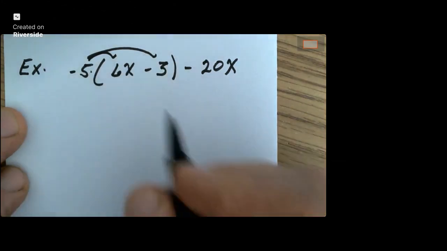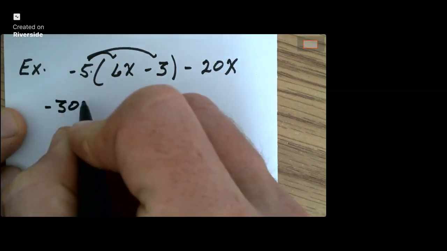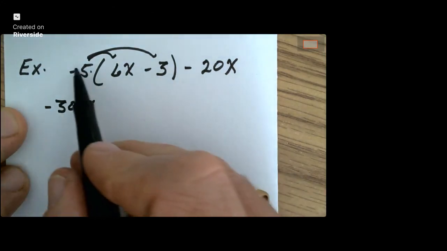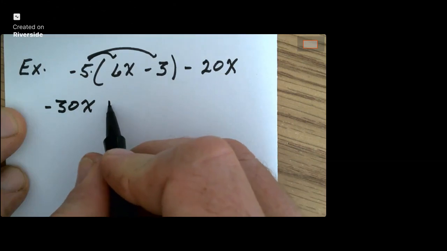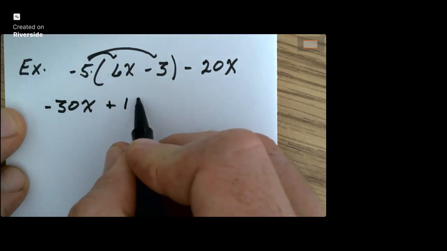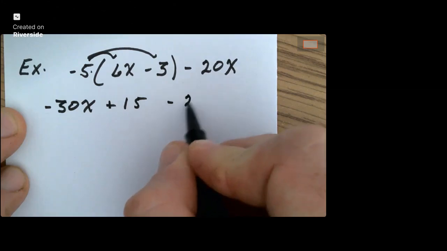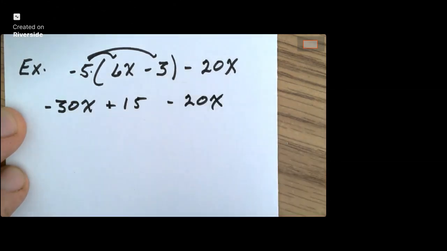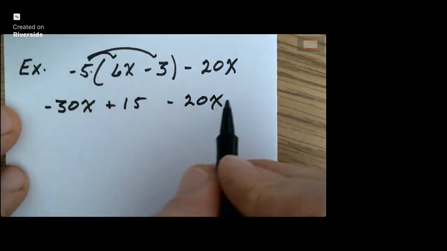Okay, so negative 5 times positive 6x, that's going to give us a negative 30x. And then our negative 5 times our negative 3, that's going to give us a positive 15. And then we'll just carry down the minus 20x. That's not a part of the distributive property, but that term is still there. So now we end up with something just like we did above, right? So now we've got this split up into its individual terms.